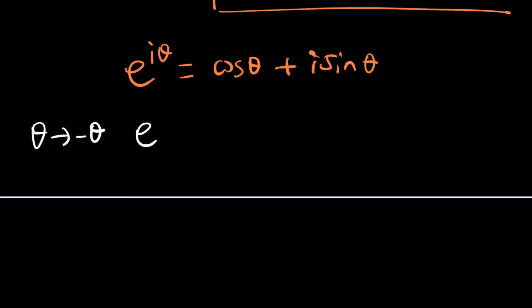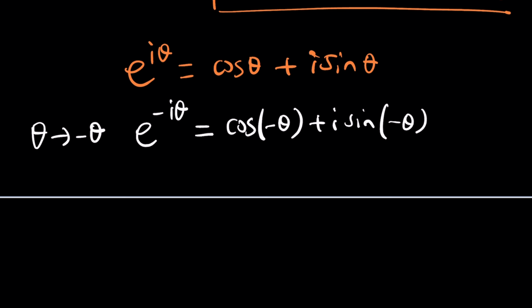When you do that, you're going to get i times negative theta, which is negative i theta, by product. And then this is going to be cosine negative theta plus i sine negative theta. Beautiful. Now consider the fact that cosine is an even function, which means it'll just absorb the negative, right?